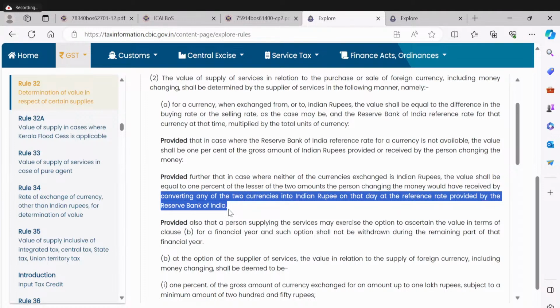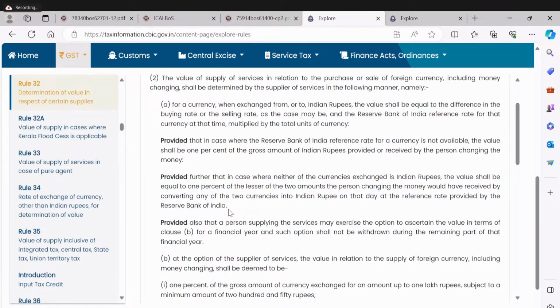So we would take the units of currency which he is getting exchanged, US dollars as well as UK pounds, units of each of these two currencies, and multiply them with the RBI reference rate. We take the lesser of the two amounts and then compute 1% of the lesser amount. That will be our value of supply of services.